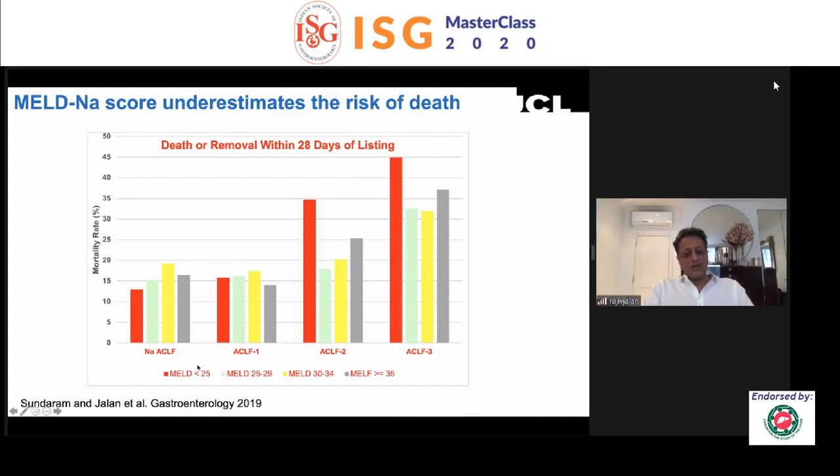So these patients will not have any priority for transplantation, certainly in the UK, or in the US or in Europe, because the organs are being allocated based on the MELD score. Large numbers of patients are dying with low MELD scores. So think about a liver transplant.